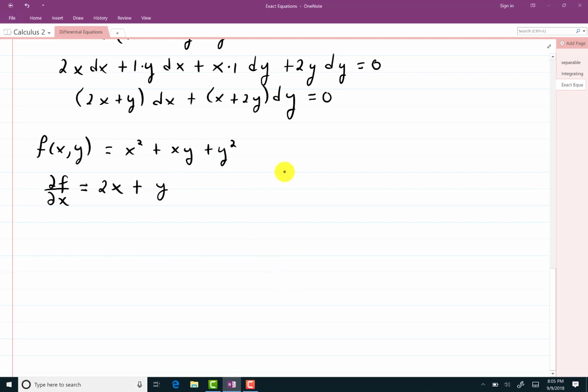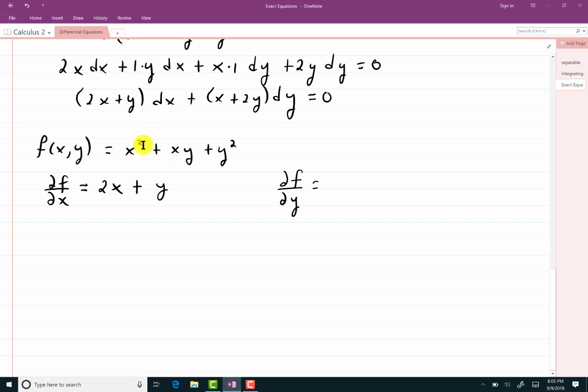Similarly, I can do the same thing for y. Notice the curly d's. That's not the same as the regular d's. That curly d is specifically meant to deal with partial derivatives. You're only dealing with one variable, and that's the variable down here. So now I'm going to reverse. X is like a constant, and y is the variable.